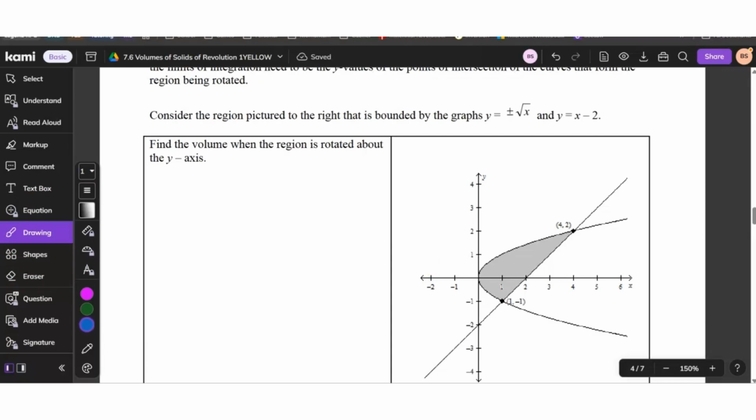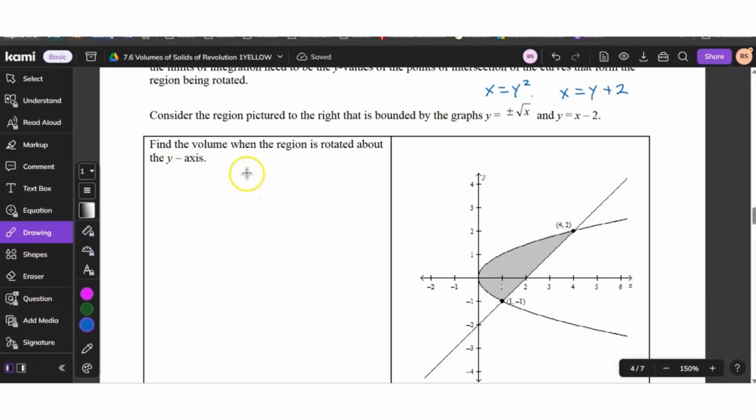So instead of them being y equals, I want them to be x equals. Well, this one's nice and easy. How would I get x equals? I just square both sides, and I'll get x equals y squared. This one here, I just move the 2. So x equals y plus 2. So those are the two functions I'm going to use, rather than the ones we're traditionally used to using, which are y equals. Because we're just going to do everything flipped 90 degrees. Okay? That's all we're doing.